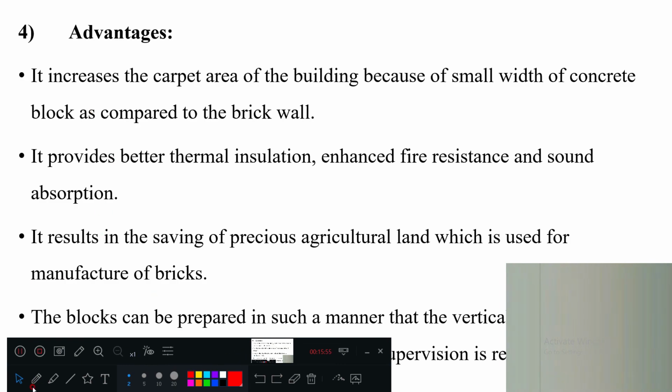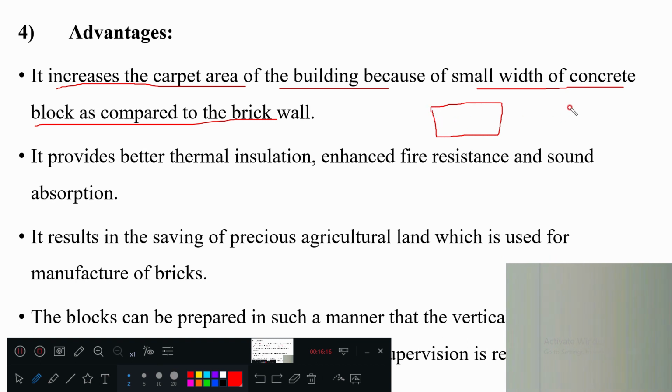Now we will see the advantages one by one. It increases the carpet area of the building because of the small width of the concrete block as compared to the brick wall. How? You can produce a cement concrete block of lesser size compared to the normal clay brick.